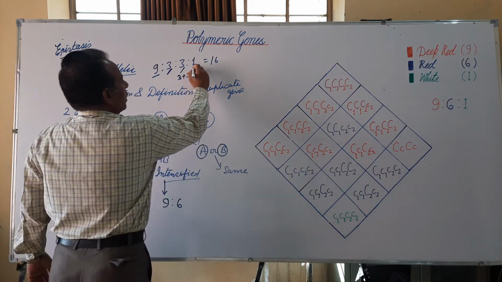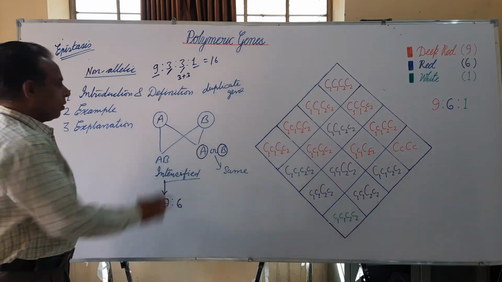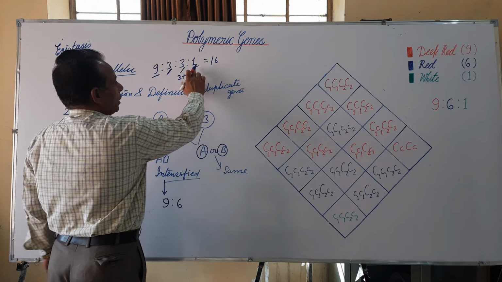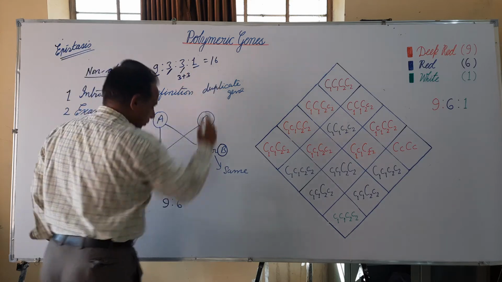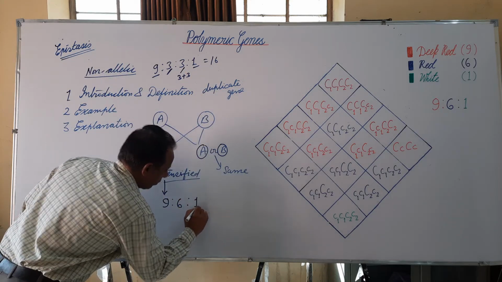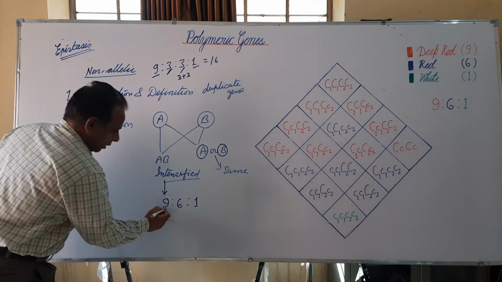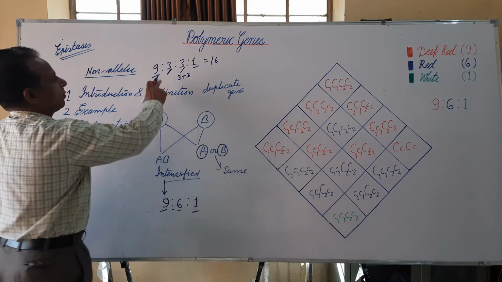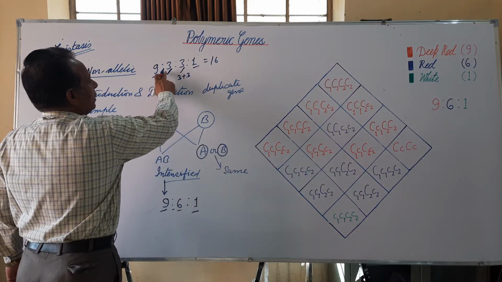And in the remaining one, both genes are present in the recessive condition, so it constitutes 1 out of 16. So we have the ratio 9:6:1 as against the Mendelian 9:3:1.